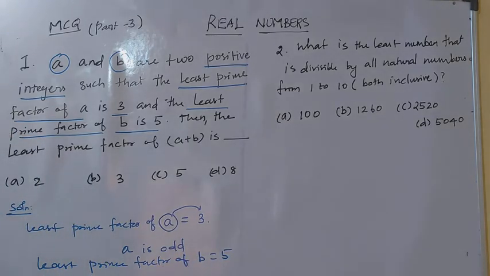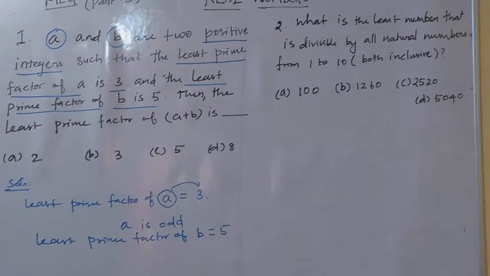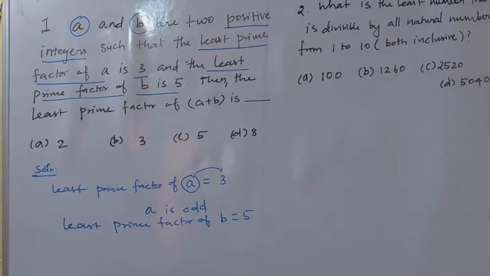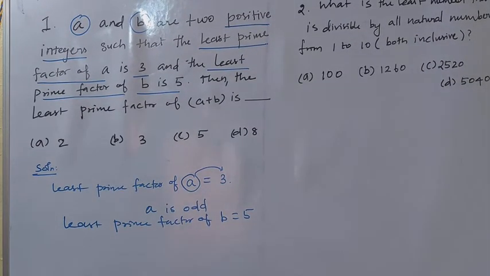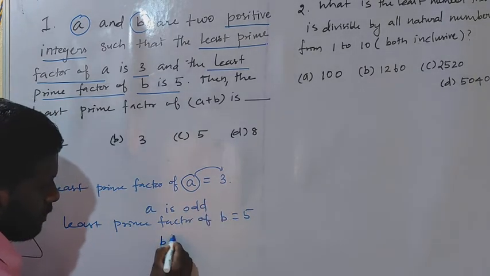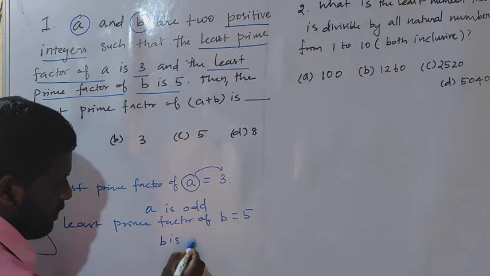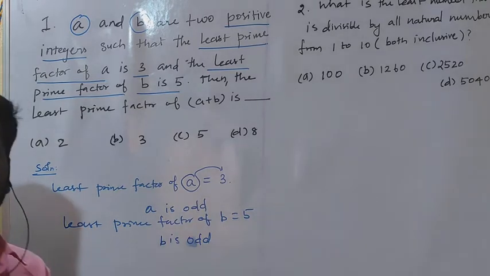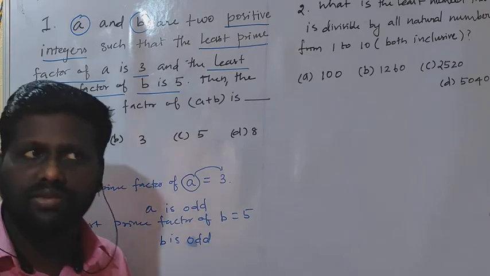The least prime factor of b is equal to 5 means here also I can understand that only an odd number can have it. So definitely b will be an odd number, right? So I understand that b definitely will be an odd number. How, sir, are you saying? Yes. For example, if I take any number, say 25, the prime factors are 5 into 5, and the least prime factor is 5.